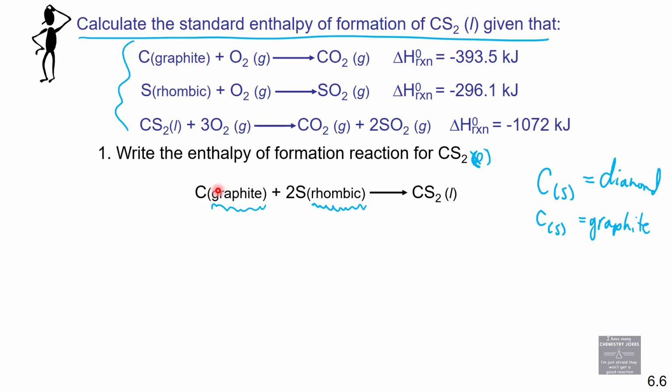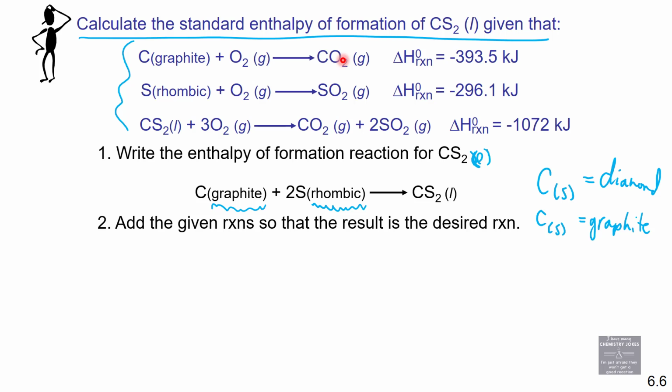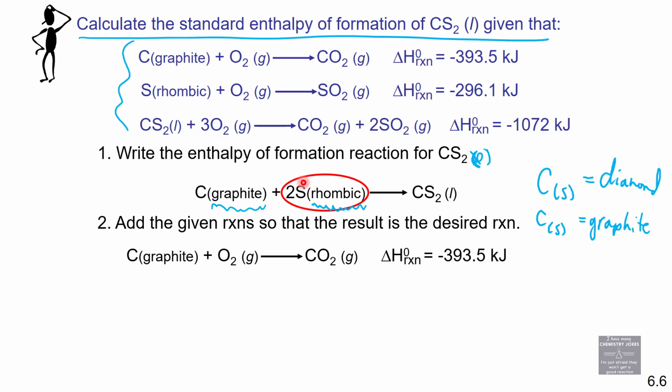Carbon graphite is a reactant in both of them. So I'm going to start by rewriting my first equation exactly as given, no changes necessary. Done. See graphite, exactly as it was in that first equation. S rhombic is a reactant in my desired equation, and it's a reactant up here. But this desired equation has a 2 out front.